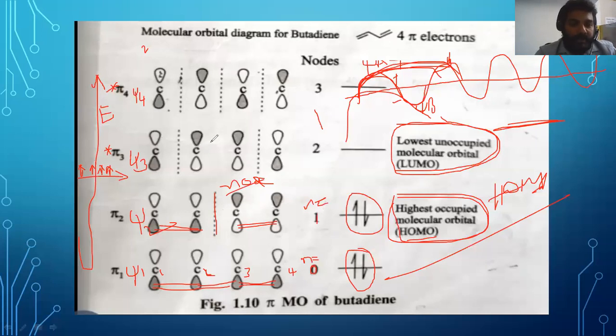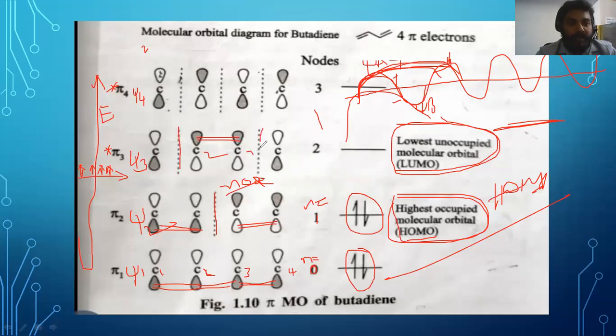Coming to the next, you draw it like this: same side, here opposite side, here opposite. Here there is only one bond, between C2 and C3. There is one node here and one node here.